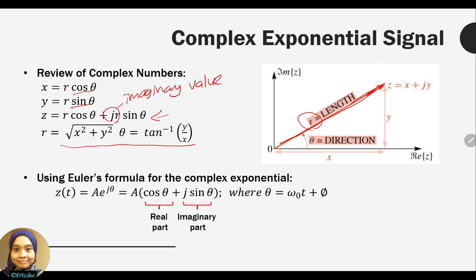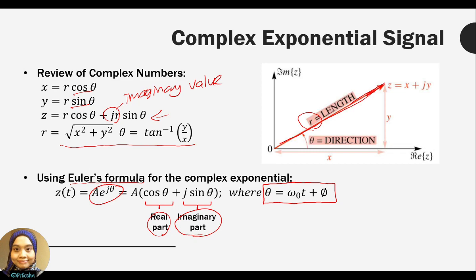Using this equation, we can relate to the complex exponential by using Euler's formula, which is A times exponential j times theta. When we expand it, it will be A times the real part plus the imaginary part. And theta is actually omega naught t plus theta.